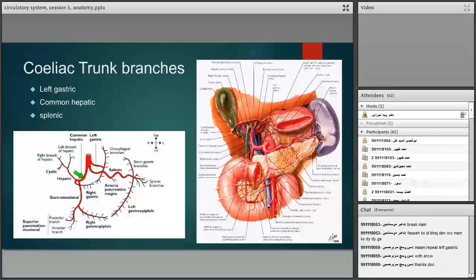The common hepatic, one of the branches is going to the right side to supply the blood for the liver. One of the branches of the common hepatic is the proper hepatic branch. This is the proper hepatic, and the other one is the gastroduodenal branch.